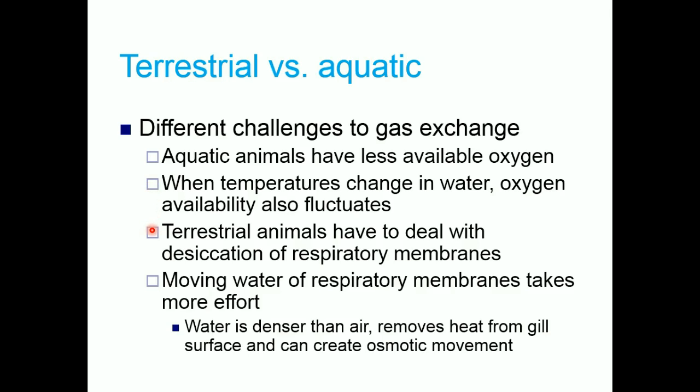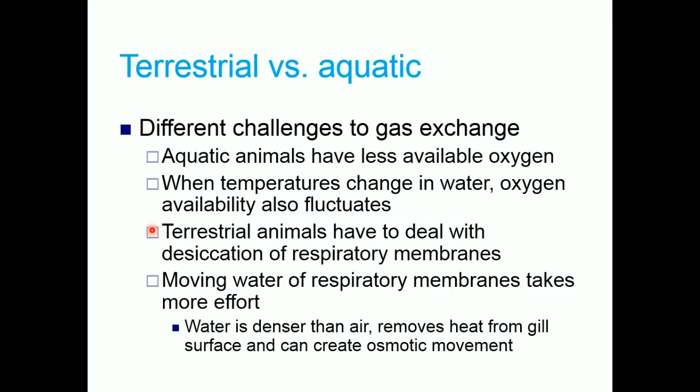Now, as for terrestrial animals, the main problem is keeping your respiratory surfaces moist. We need that layer of moisture on our respiratory surface so that we can dissolve the gases into a liquid that then allows for the diffusion of these gases from this moist layer into our bloodstream.